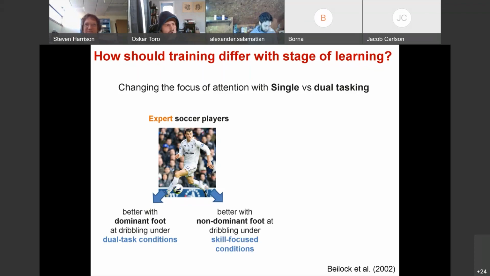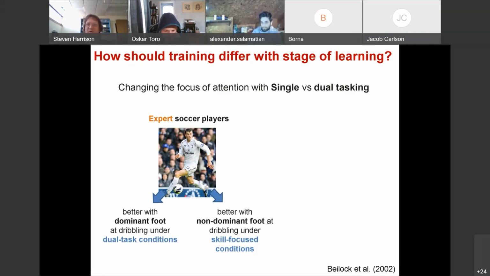If you ask them to do the exact same thing but with their non-dominant foot, and you give them the instruction to focus on the skill of dribbling, you will see benefits in that particular case. So when you have the more expert version of the task, adding a simple secondary task improves performance.